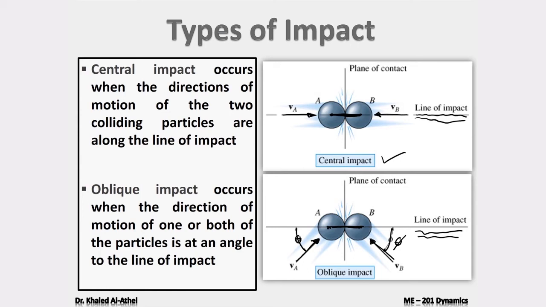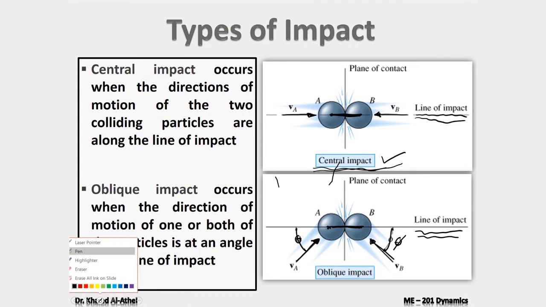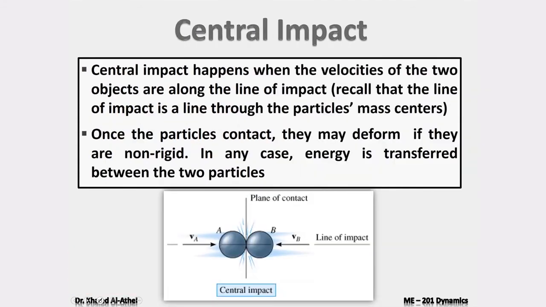We are only going to discuss central impact here. Central impact happens when the velocities of the two objects are along the line of impact, as we mentioned. Once the particles make contact, they will start deforming if they are not rigid, and energy in that case will be transferred between the two particles, which will make the final velocities different than the initial velocities.